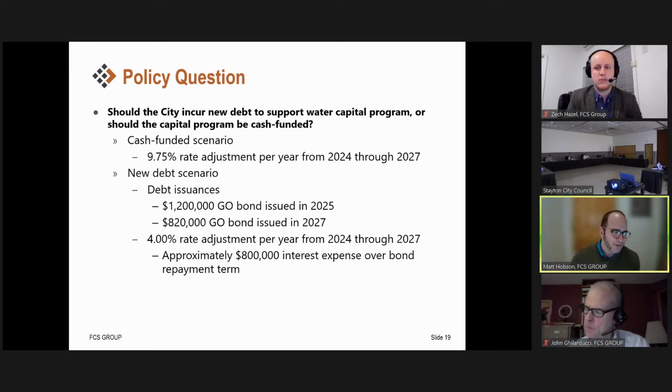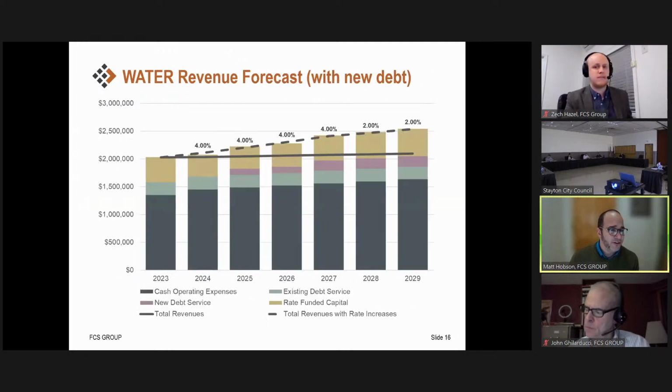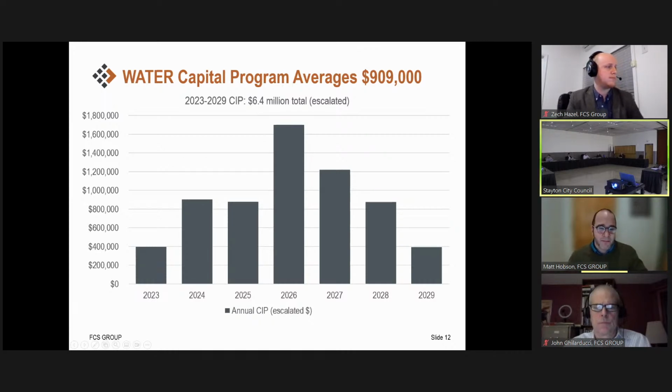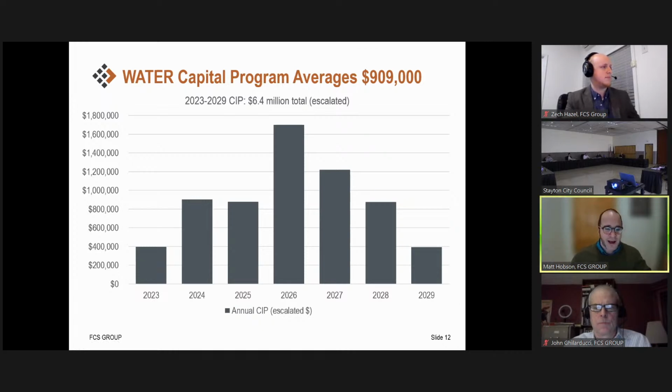I'm going to back up a couple of slides here. Some of the pressure on the water utility is the upfront capital that we're looking at here, that spike as someone identified. And so this is putting pressure on the rates. We could look at rescheduling that capital. That's really something that we would work with city staff to identify if that's even feasible.